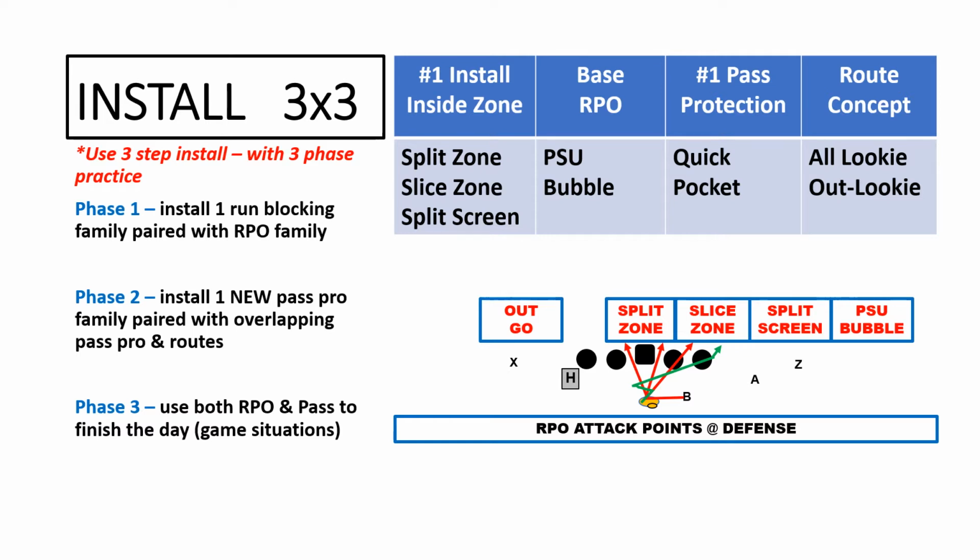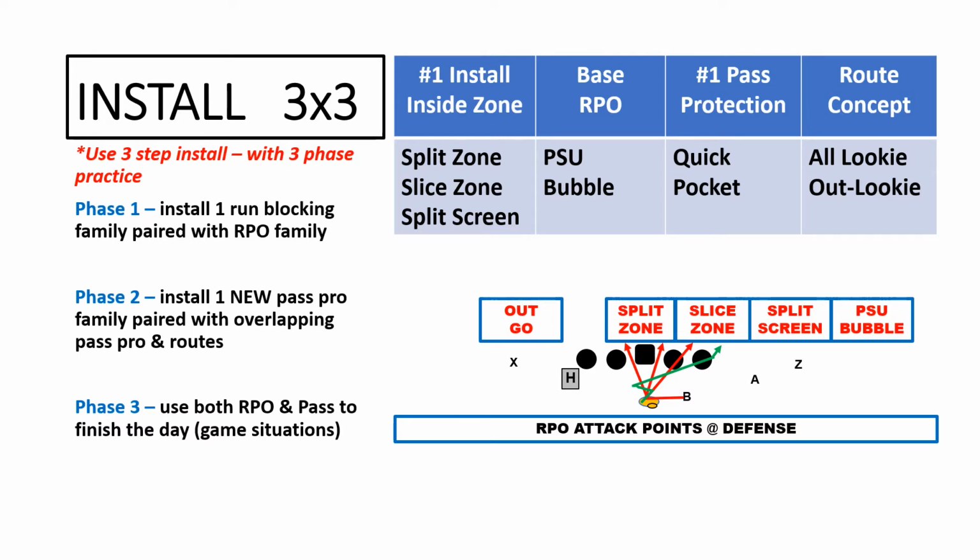With the second phase, then we'll introduce the pass, those quick now passes, where we'll use similar routes. And then phase three, we'll start to mix where we'll use both RPO and the pass to finish the day in game situations. So again, we can compartmentalize the learning at the beginning and then bring it all together at the end.